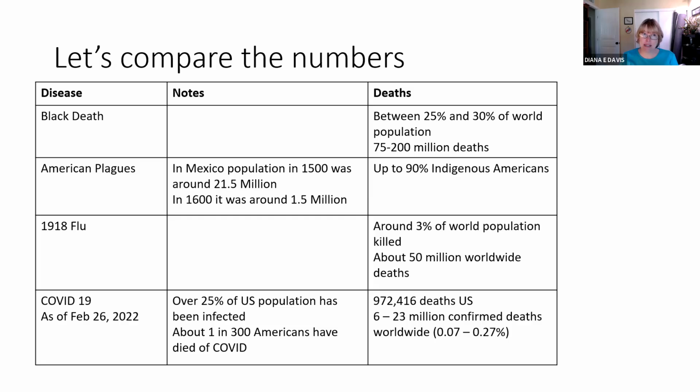Last estimate I saw was about 1.6. We're not doing a good job of keeping track of this. And that doesn't take into consideration long COVID, which is disabling for months, years. We're not sure how long. So regardless, we're definitely well below 1% of the population dying of COVID.